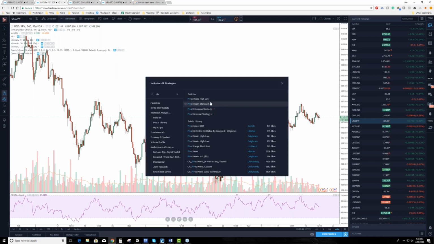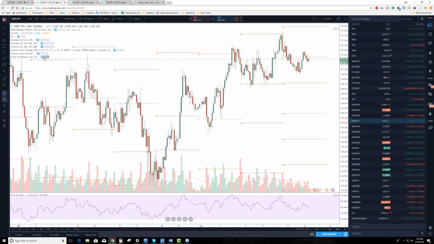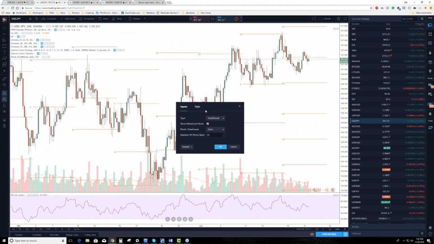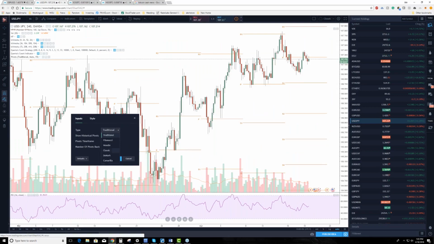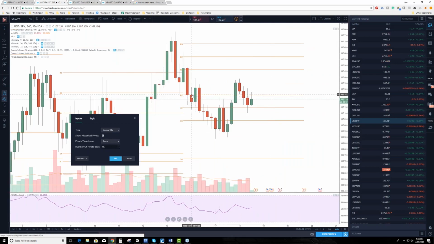And that all kind of falls into people who like to trade pivots. And there are just a ton of various types of pivot points. Now these are TradingView standard pivot points.